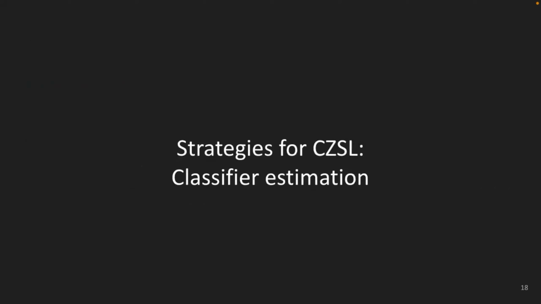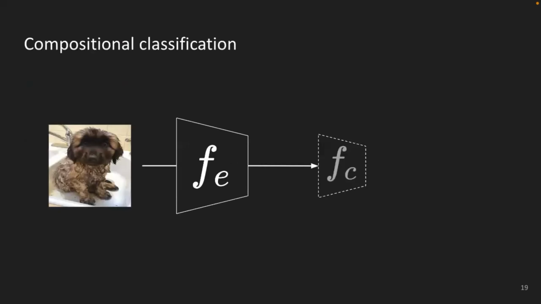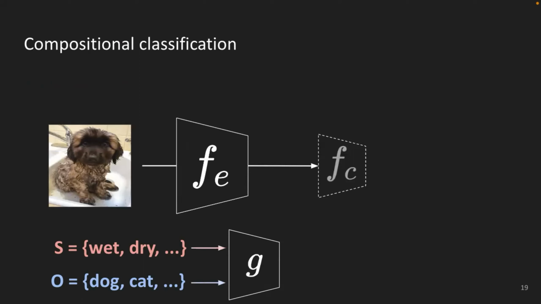And this is the first type of strategies I will talk about. Actually, the estimation is pretty simple. This is kind of what we want to solve. We take as input the set of states that we are interested in and the set of objects we are interested in, and we instantiate a function, let's say G, that takes these states and objects, eventually described by some word embeddings, whatever, and estimates the classifier.